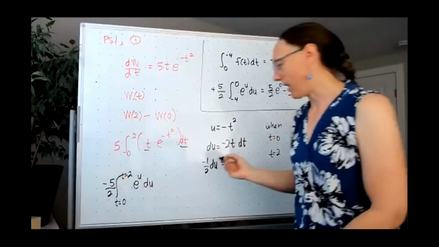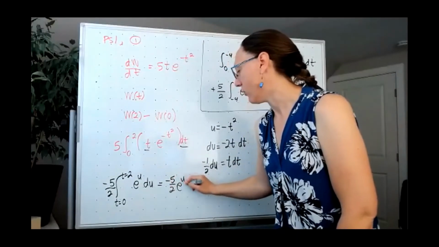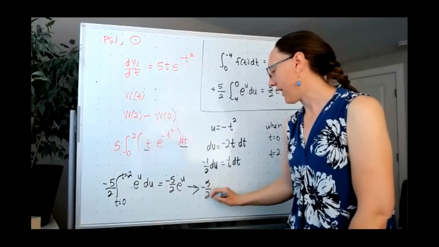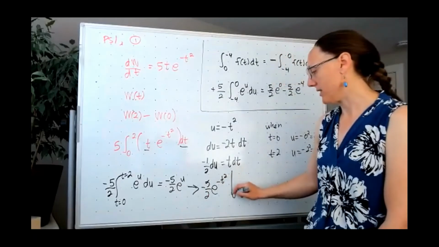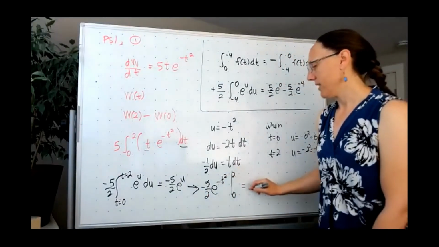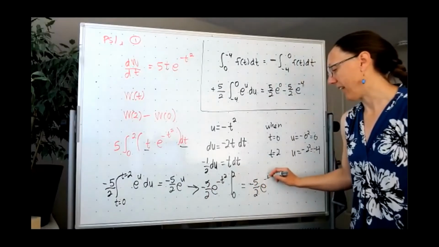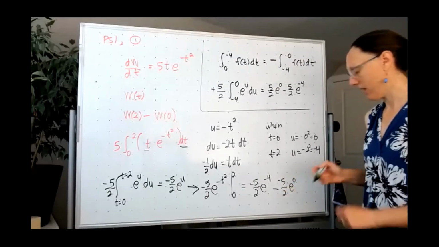So if I do it this way, then I'll end up with -5/2 e to the u, but I'll have to turn that into -5/2 e to the -t squared, and then plug in 0 to 2. So I'll still end up in the same place, -5/2 e to the -4 minus -5/2 e to the 0.